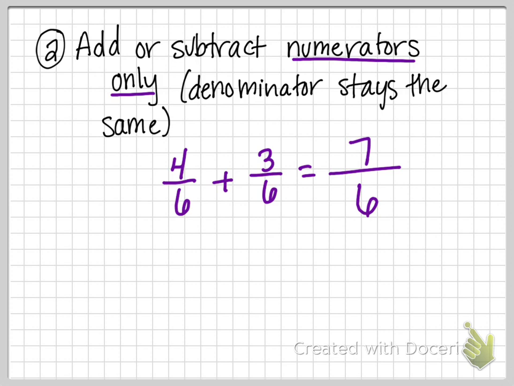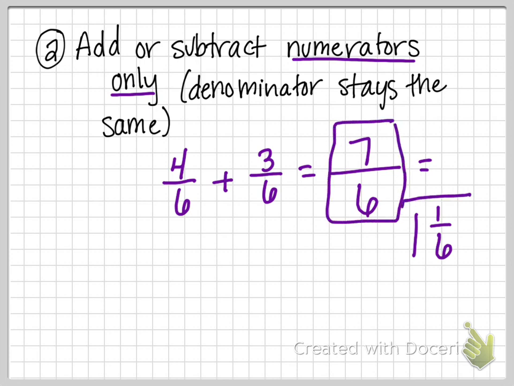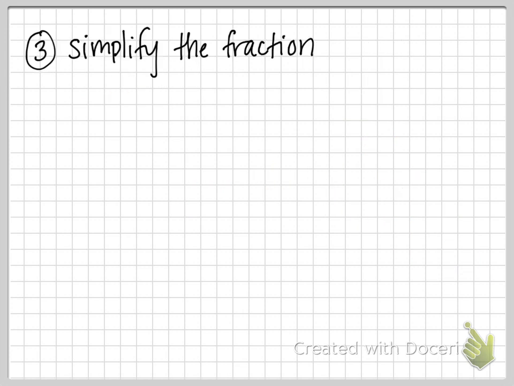This is like getting down into 3rd grade, so I don't really want to spend a lot of time on that. 7/6 as a mixed number would be 1 and 1/6. You see how many times the denominator goes into the numerator, and then how many are left over. So you could put this, or you could put this. Those are both correct.